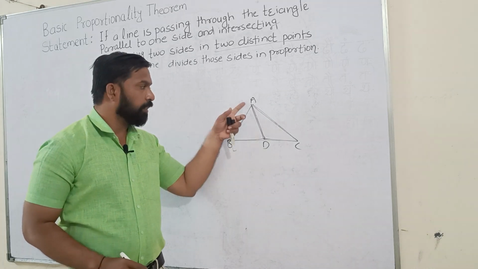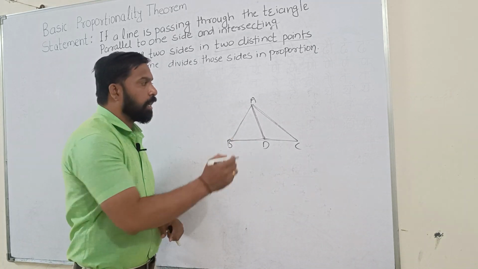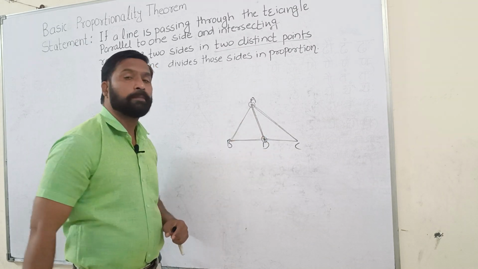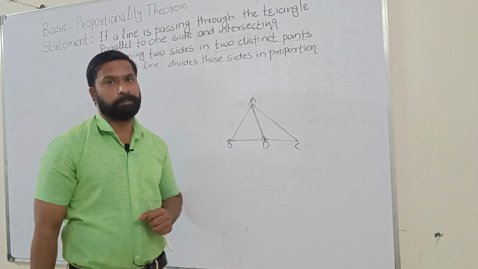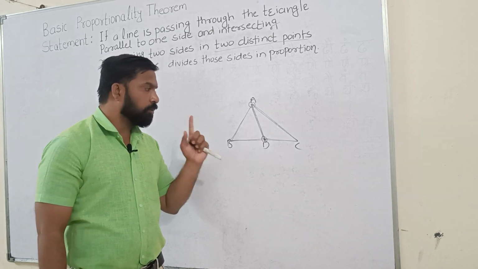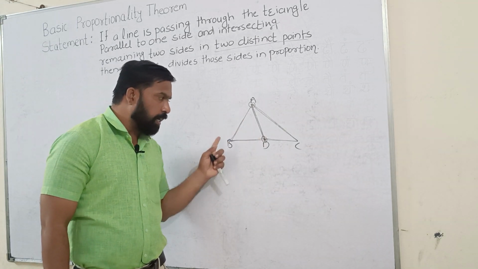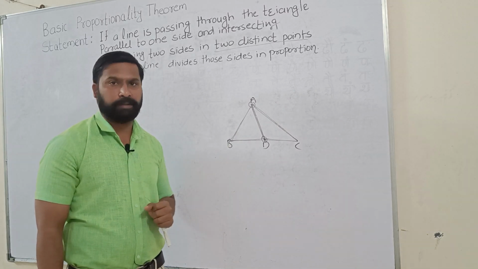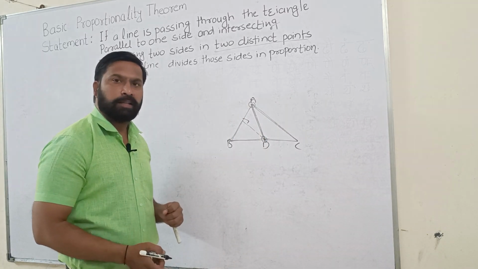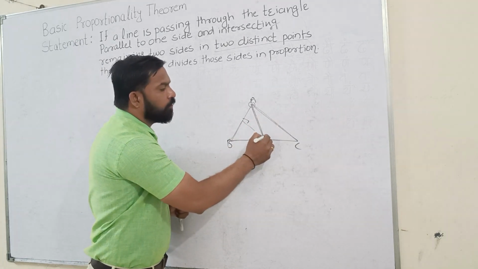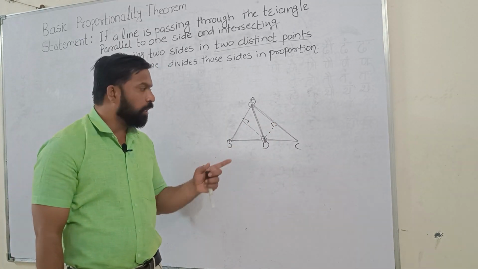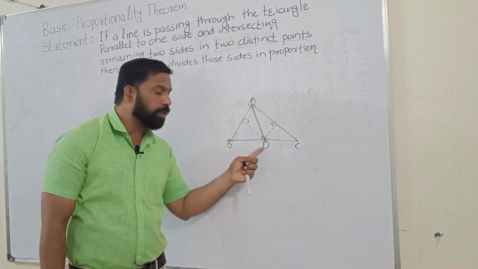You can say the AD side is common, or vertex A and vertex D are common between them. Obviously, right? What if I draw a height to triangle ABD from the point D? It will fall on AB. The same thing with the other triangle, it will fall on AC. It means we are getting two different heights as per D.